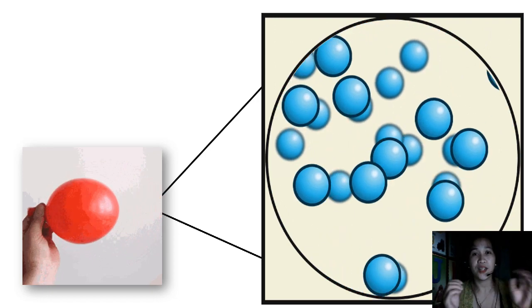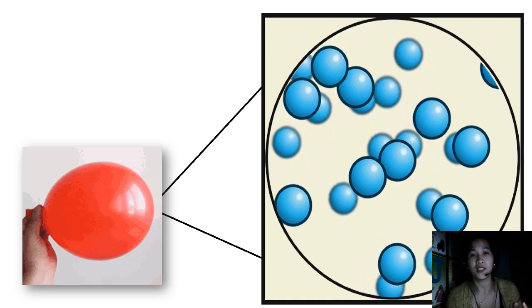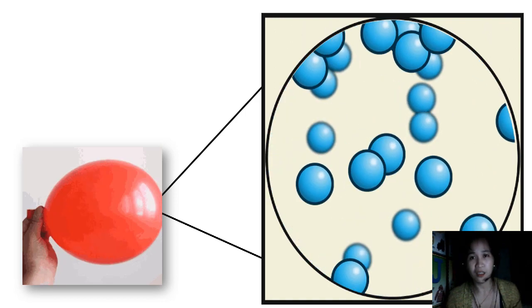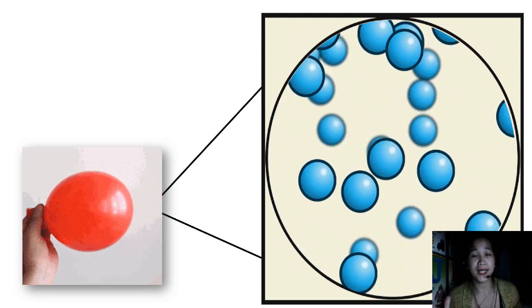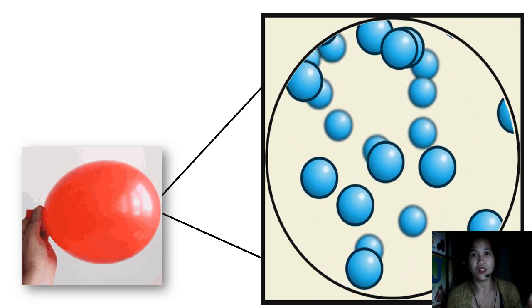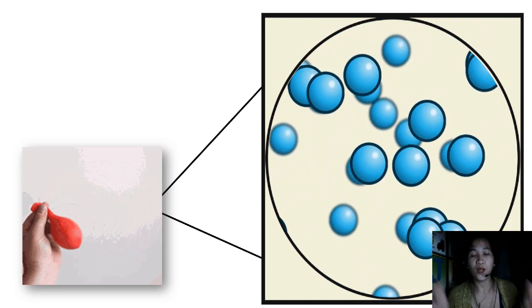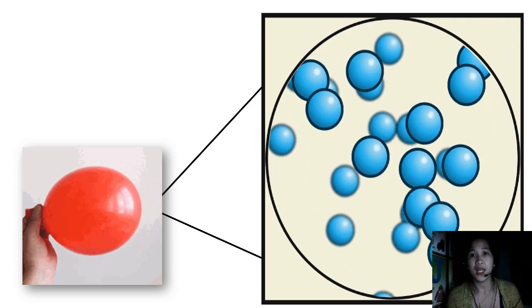Okay. So for example, in the balloon, the gas particles move at random directions very quickly, and they travel in straight line paths. In the process, they collide with one another and with the wall of the balloon.